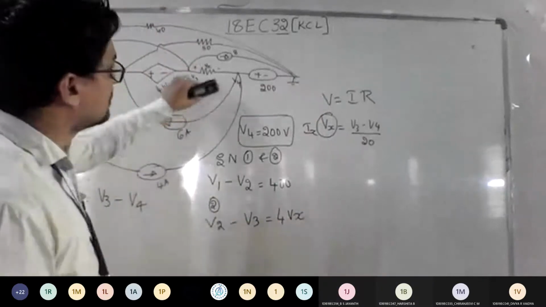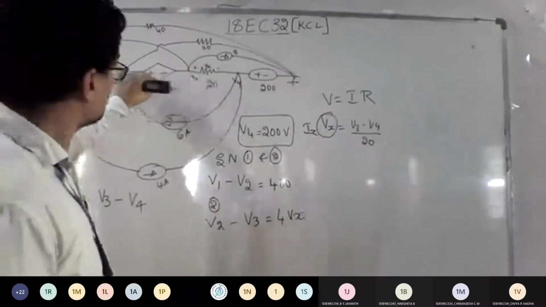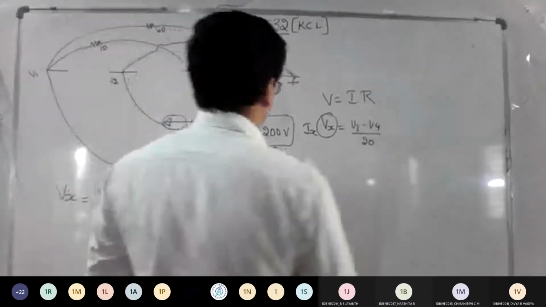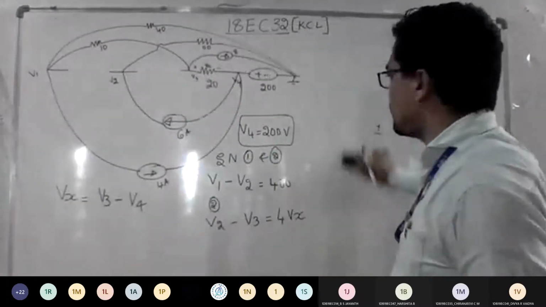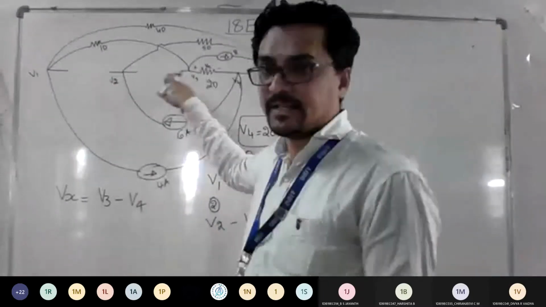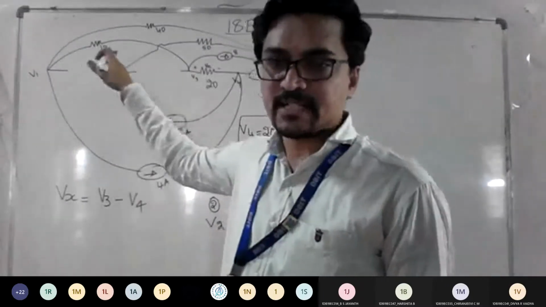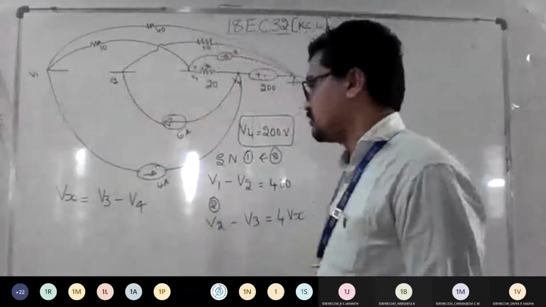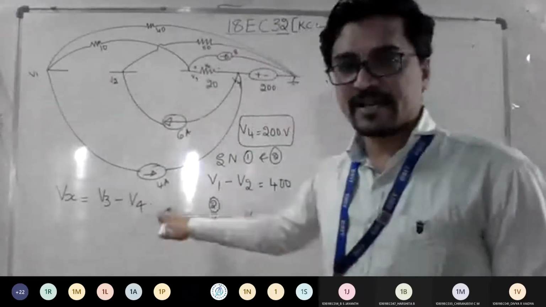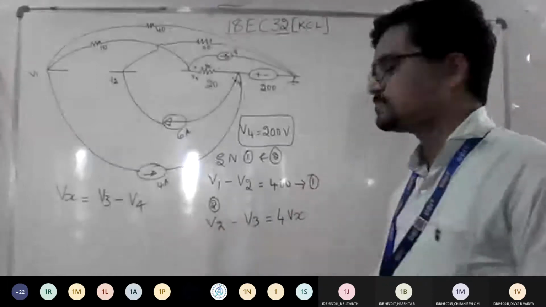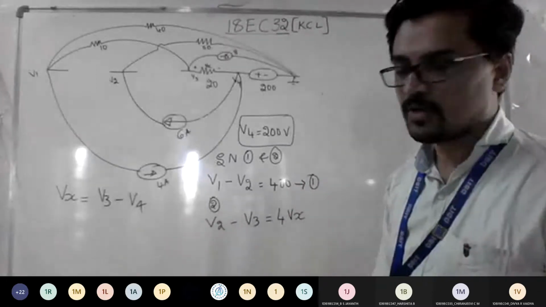So once you write this, this also goes off. Now what you should do is apply your supernode concept for 1, 2 and 3. Instead of writing separate equations, I should combine 1, 2, 3. So you substitute this Vx in this, and I can write this as equation number 1, the first supernode.